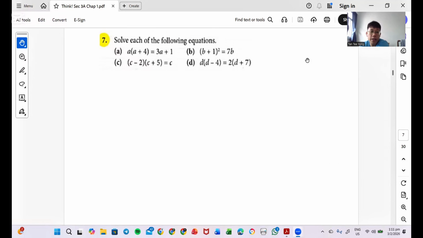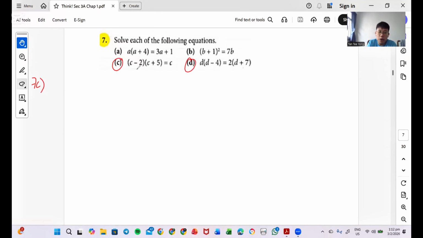Okay, let's go through question 7 together. Solve each of the following equations. We're not going to use the quadratic formula, so let's just use completing the square here. First thing first, we will do the tougher ones, 7C and 7D.